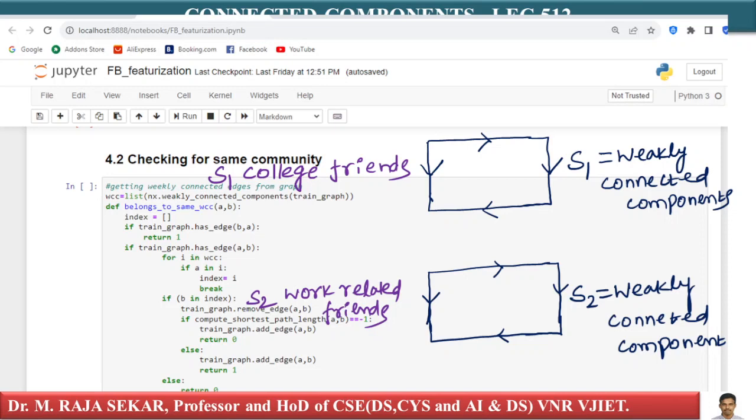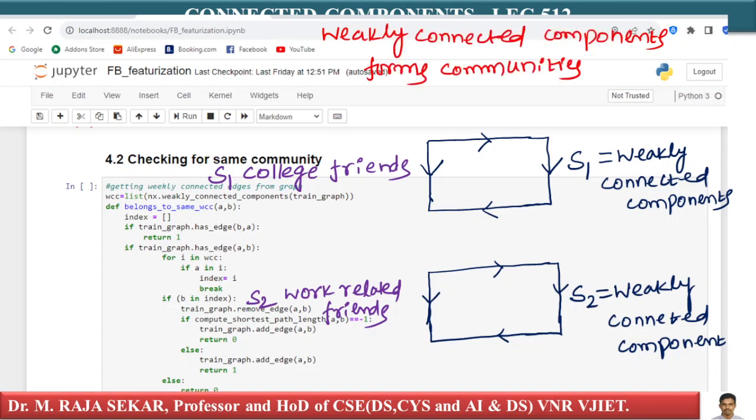Weakly connected components basically form communities. A group of similar users or users with similar interests, or people from the same college, or people from the same ethnicities, or people from the same region could form one community.